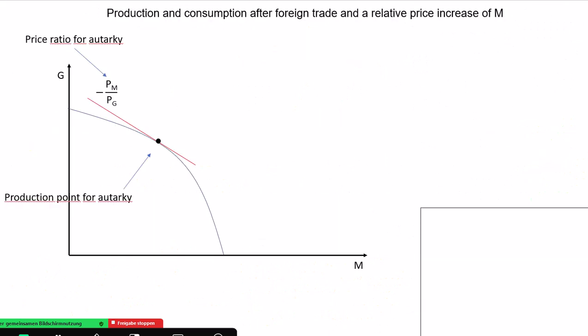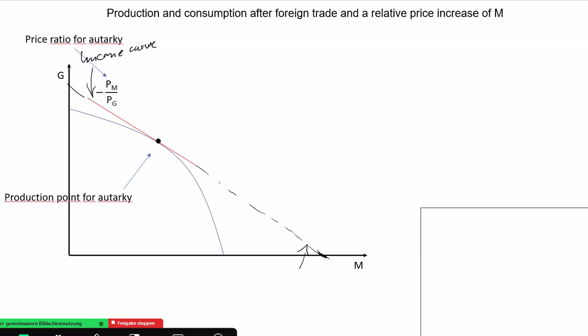And let's say it would be this production point. So this line, again, income curve, this is the same interpretation which we have made in the beginning of the lecture when I have talked about the Ricardo model.